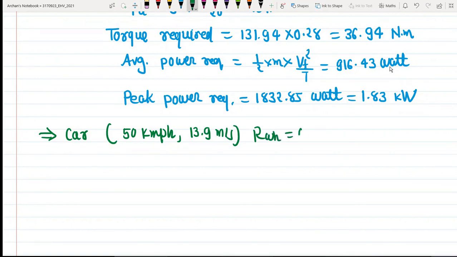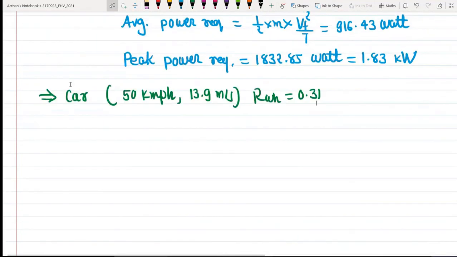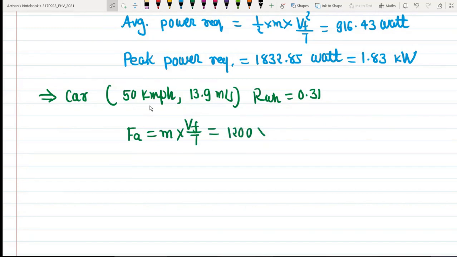The radius of the wheel is 0.31 meter, given to you, and you have to reach this speed in 20 seconds. So the force required is m into Vf by T. Let us consider weight 1200 kg, 13.9 divided by 20. So 833 Newton force will be required.